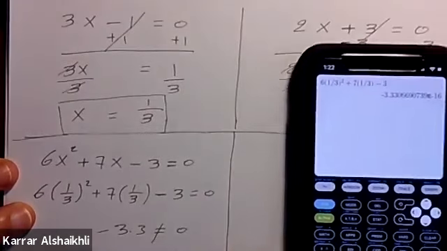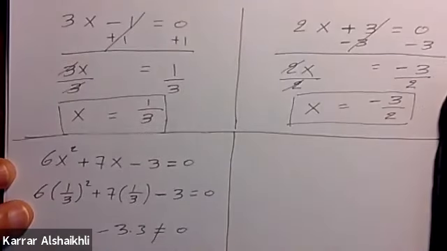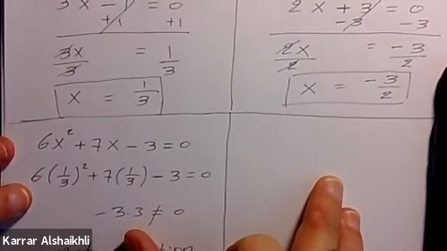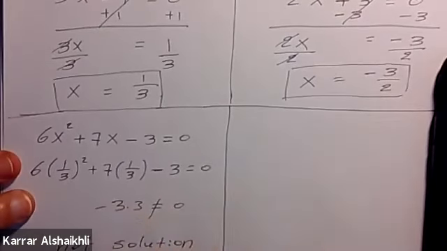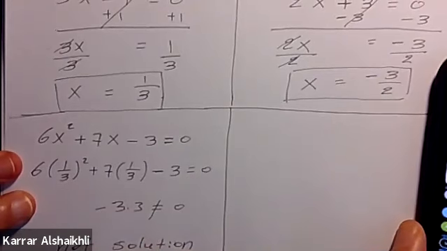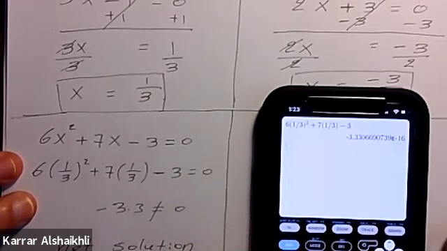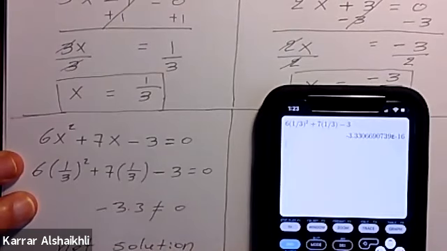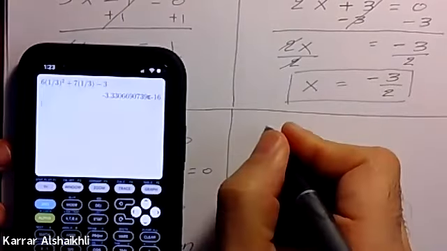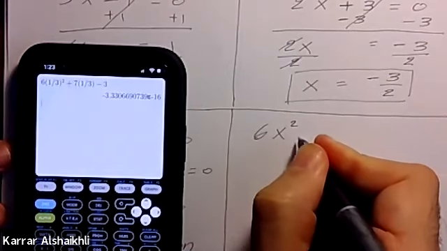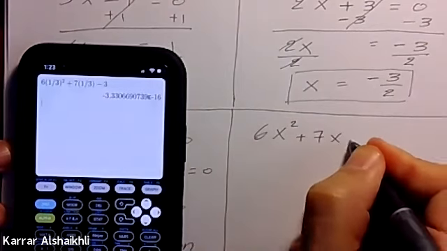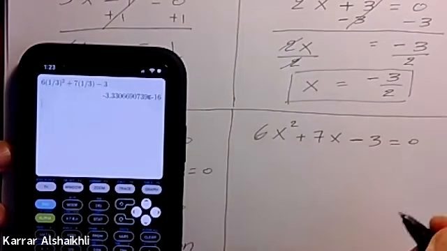Let's check the second part, when x equals -3/2. We have to get exactly the same solution, so I'm going to plug in exactly the same way. 6x squared plus 7x minus 3 is supposed to be equal to 0.